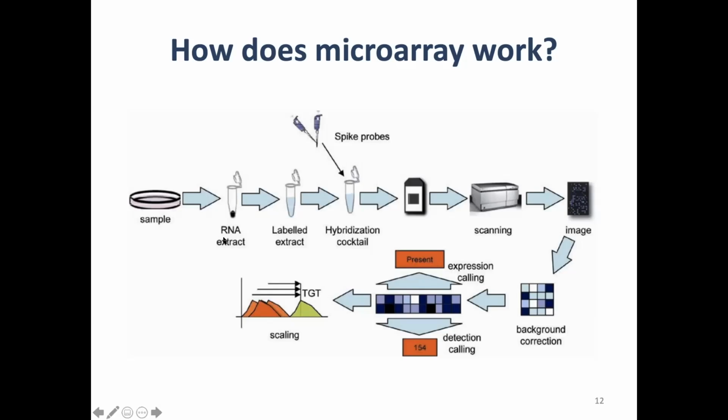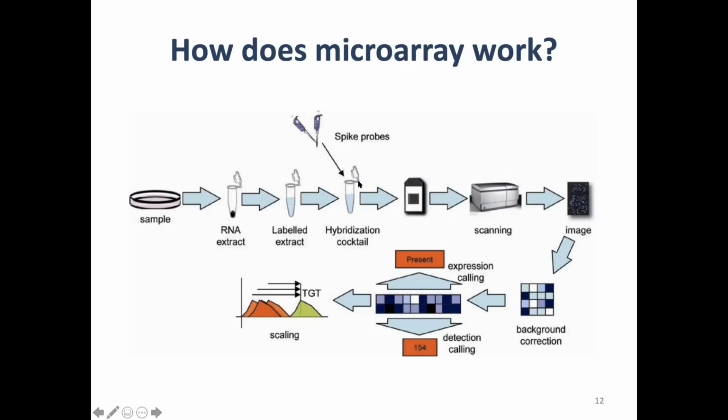Then you add a label, fluorescence label, onto that sample. Once you add the fluorescence label, then some people add spike-in probes there. This spike-in is mainly to measure how accurate the system is, how precise your measurements would be. So for the controls, you add spike-in controls.